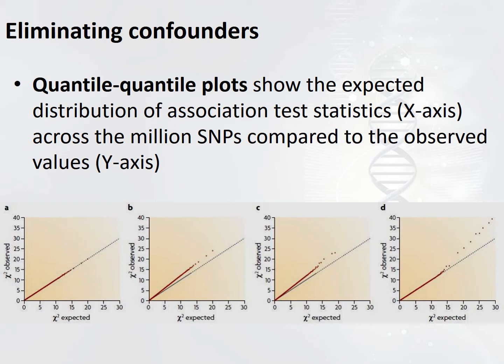What these plots show is, on the x-axis, the expected distribution of association across the million SNPs compared with the observed association, which is the one on the y-axis.